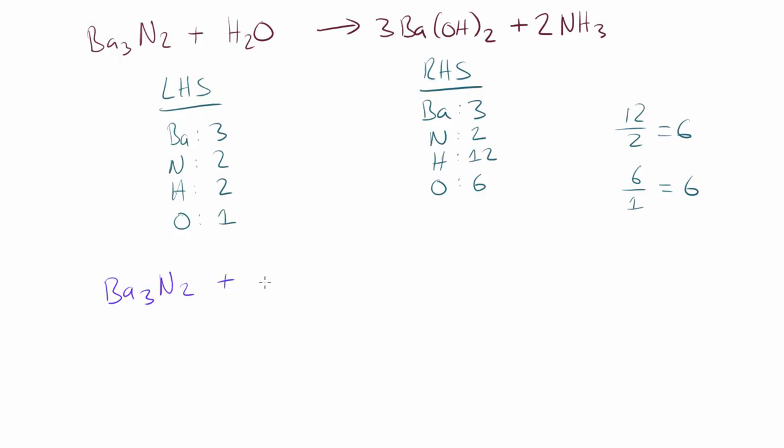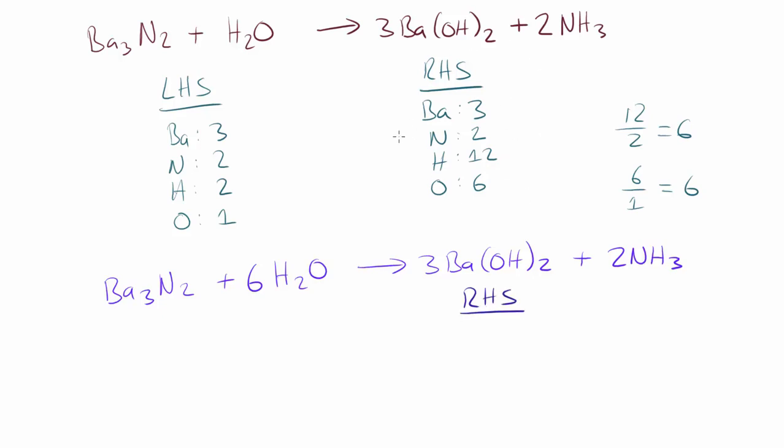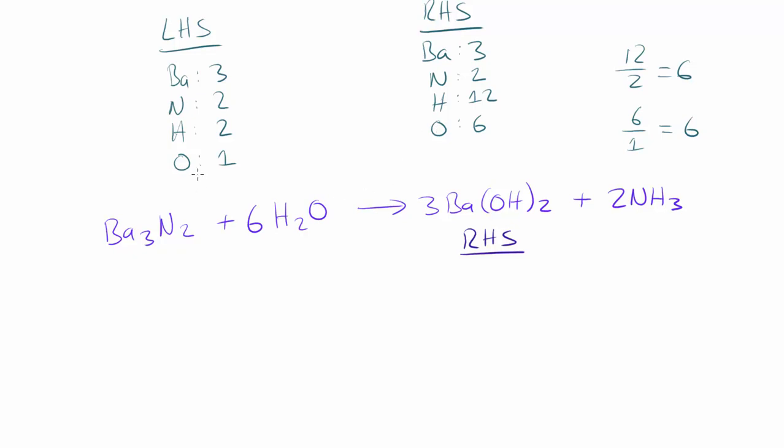Ba₃N₂ plus 6 H2O, and then that goes to 3 Ba₃OH₂ plus 2 NH3, right? As you would have seen just now, we've not done anything to the right-hand side, so it is going to be the same as what we just had for our right-hand side.